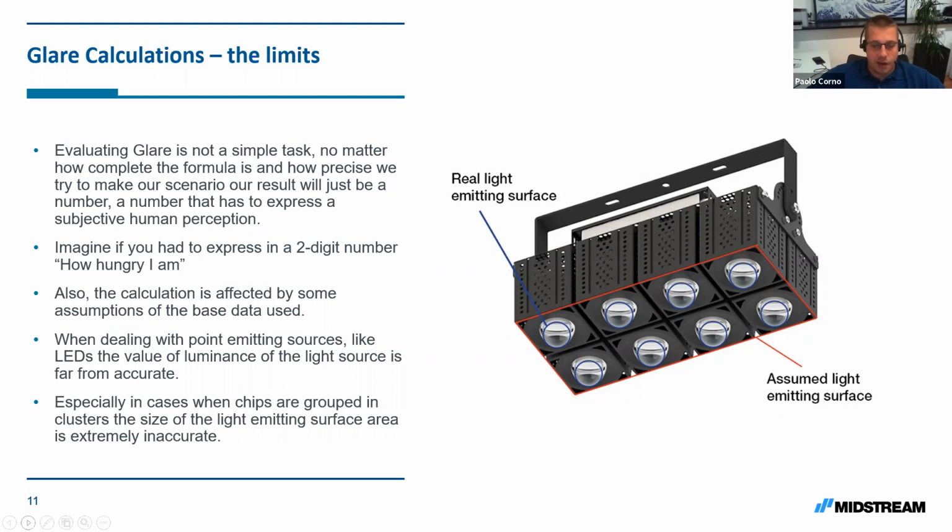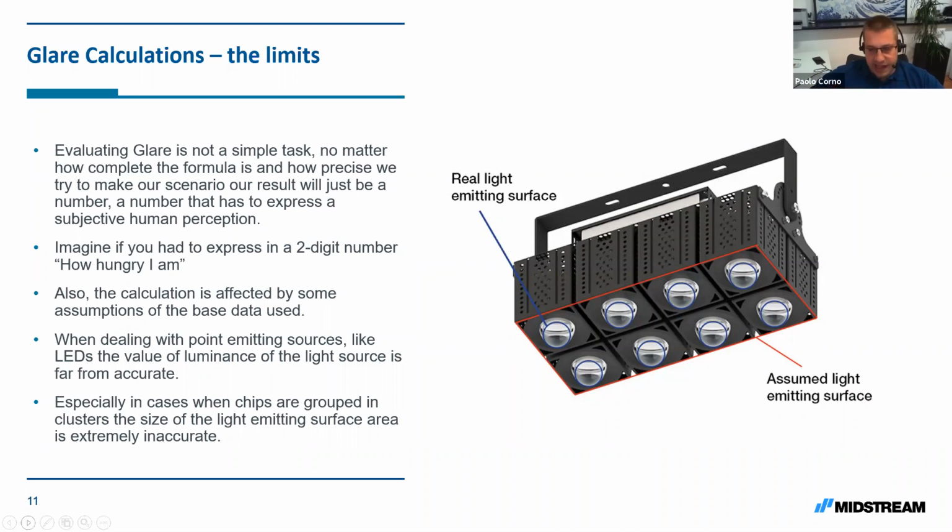So, if you have a lot of low power LEDs, then the assumption is close to reality because your area is completely filled with light emitting surfaces. But when you have clusters of LEDs, like COBs, for example, in the luminaire in the image here, you will be considering the light emitting surface as the whole bottom part of the luminaire, while actually the light is concentrated only on those lenses.